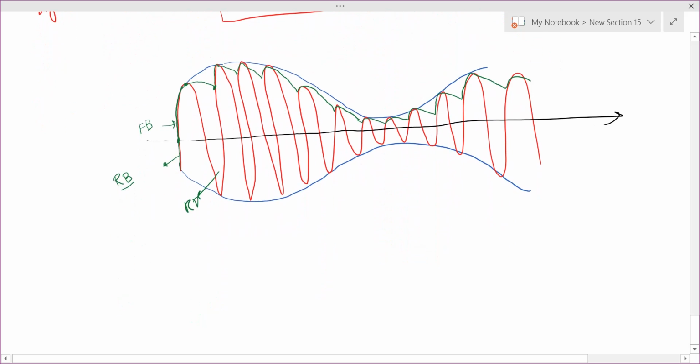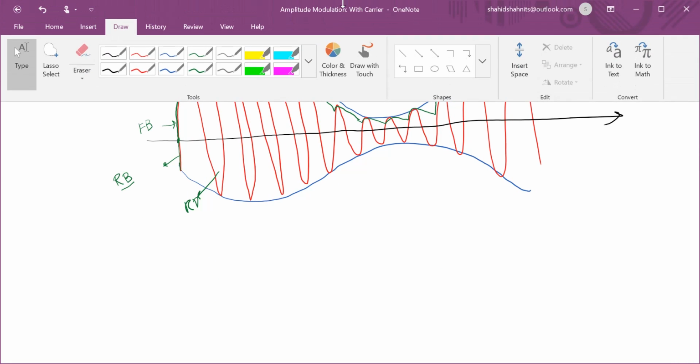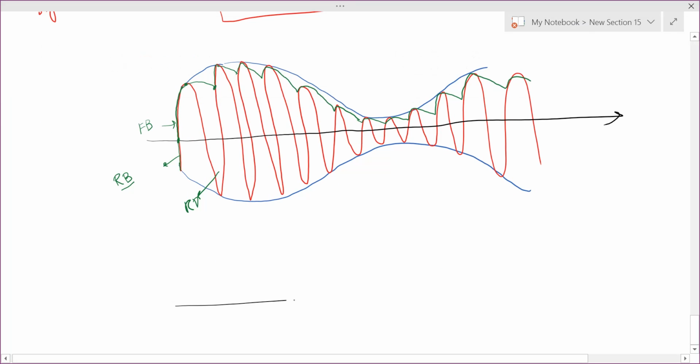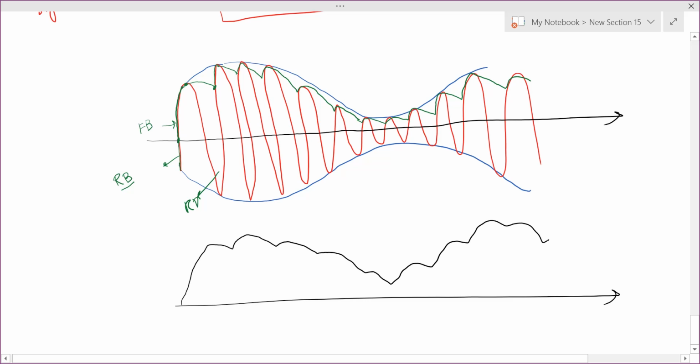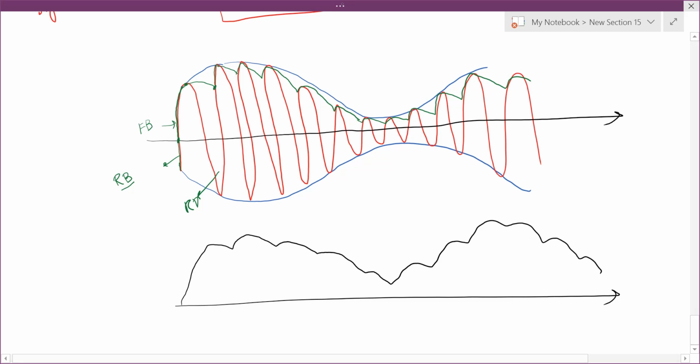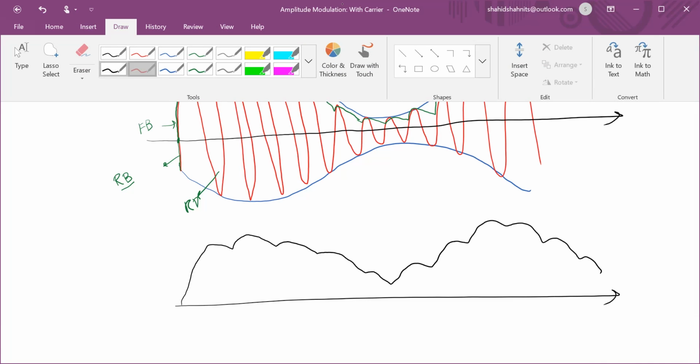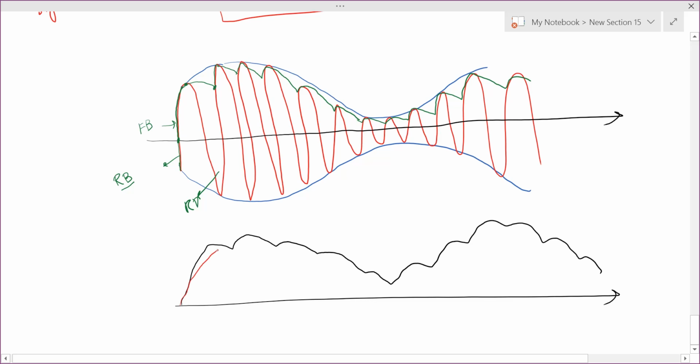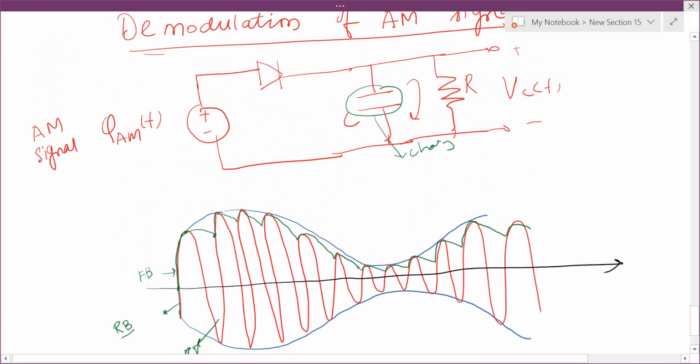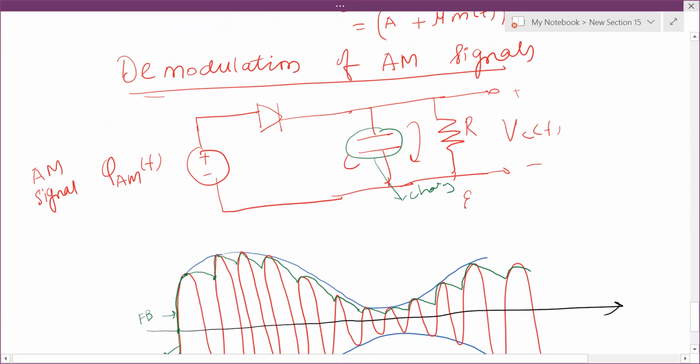Now if you separately plot the output of the capacitor, you will get this. This is approximately equal to the message signal, which is like this. This is the basic logic for something called an envelope detector.